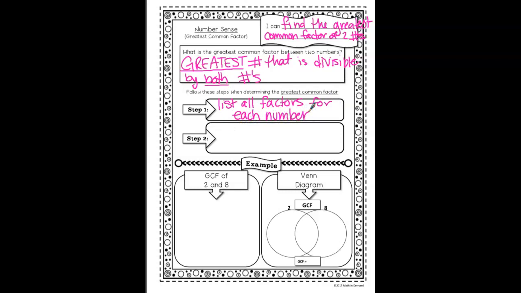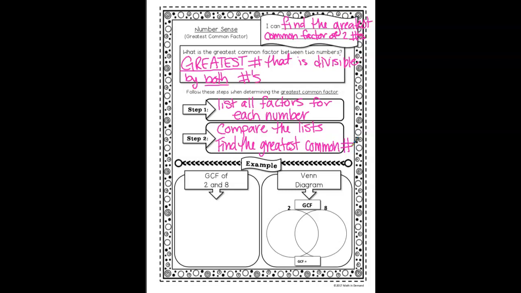Step 2, you're going to compare the lists and then find the greatest that they share. So greatest common number.